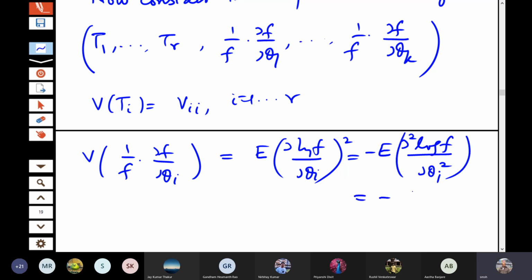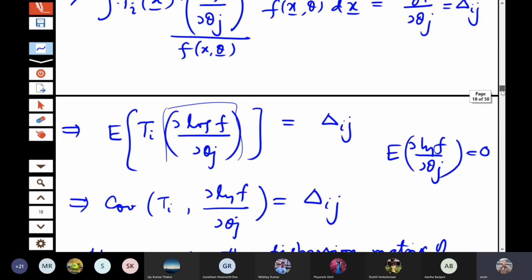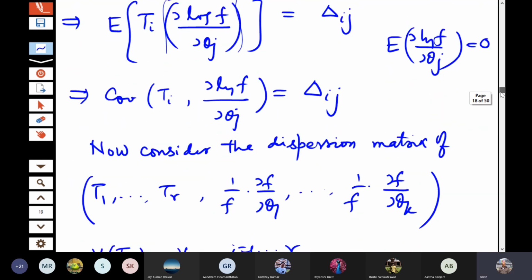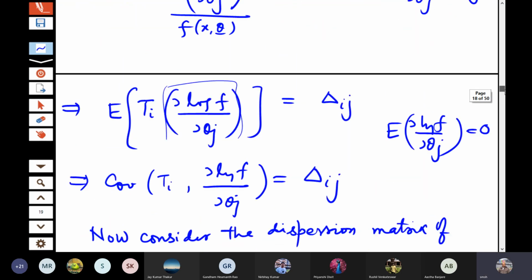That is equal to minus, that is I_jj. Okay. So let me put j here, because I am using i for the other one. So this is I_jj. And the covariance terms I have written here. The covariance between Ti and this term is delta_ij. So what will be the dispersion matrix now?